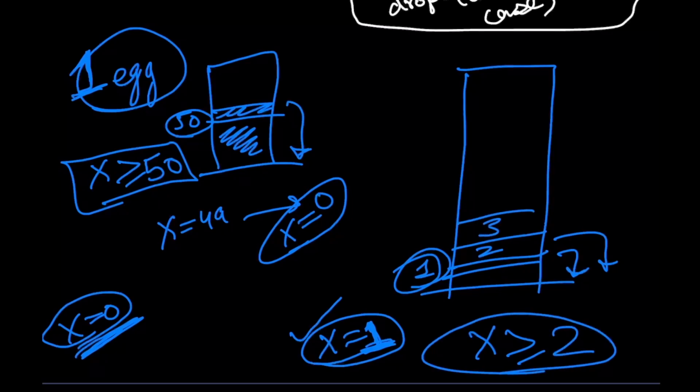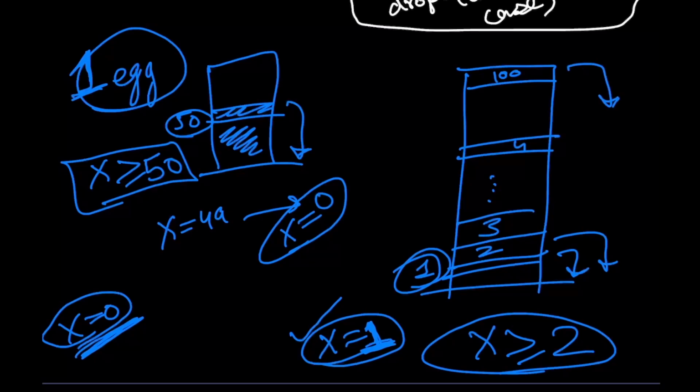And we keep on continuing this process until we find a floor where it breaks, or we reach floor 100 and we drop it from this floor.